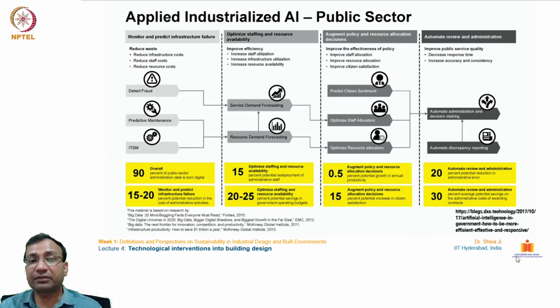Finally, in the fourth column, a 20% potential reduction in administration error is also possible, avoiding such errors and mistakes through this AI modeling. And a 30% average potential saving in administrative costs, like awarding contracts, is also possible, because this is one of the key areas where the public sector awards contracts to contractors who execute certain works. This system will also help further optimize the overall ecosystem in the public sector.